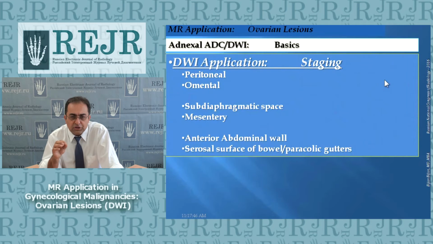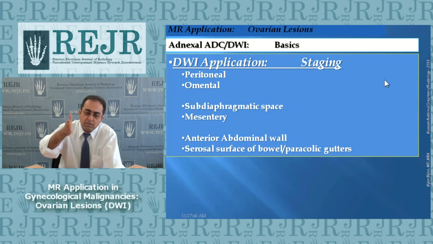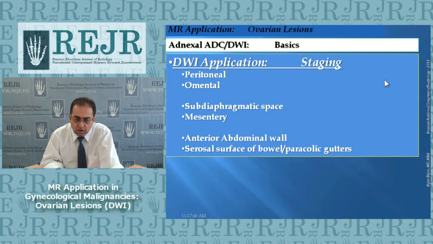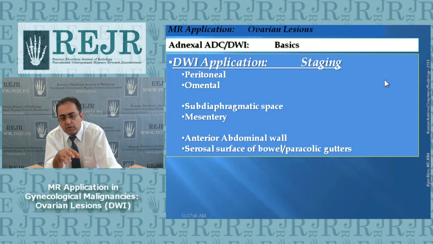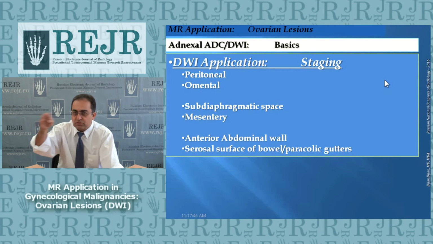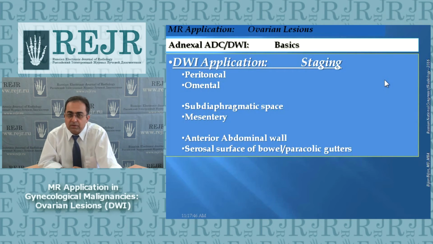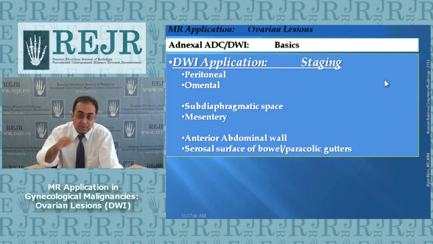These are the specific applications of DWI for evaluation of the peritoneum and omentum. As you know, evaluation of the omentum and peritoneum is very difficult by CT and almost impossible by ultrasound, unless you're talking about the nodules in the anterior abdominal wall. But DWI can help you detect these. There are difficult areas in the abdomen, for example, over the surface of the liver, the subdiaphragmatic or suprahepatic space.